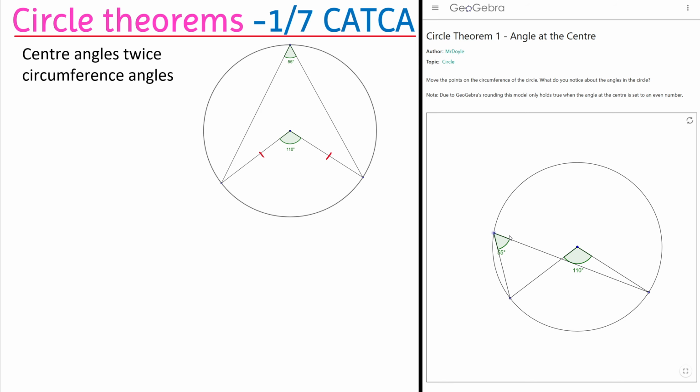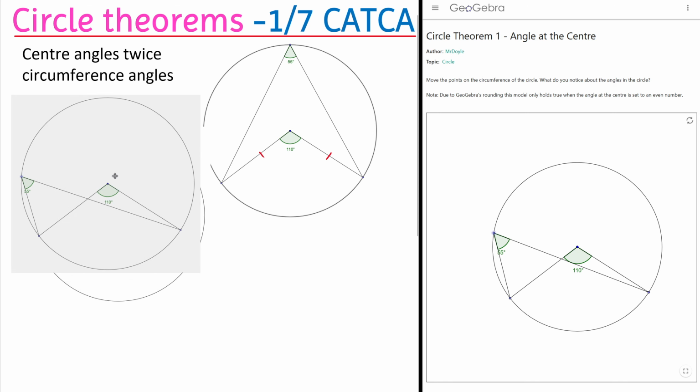But what about over here? Well, that's still center angles twice circumference angles. It gets confused with another circle theorem that we'll pick up in the future. But it's still center angles, it's still circumference angles. How can we tell? Well, we can tell because the center is involved. There's an angle there, and there's a circumference angle as well. Center angle, circumference angle.